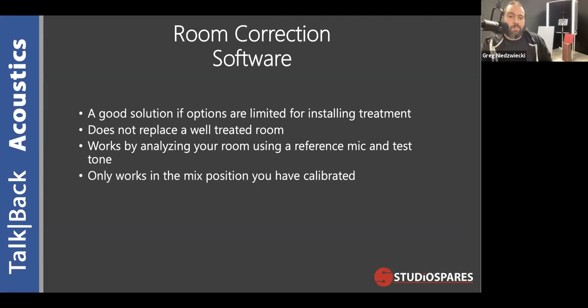It works very well, but it unfortunately only works well in the position that you've calibrated it in. If you start moving around your room, you will experience a less uniform sound, as the software's only really calibrated the correction for the position where you've originally done it.